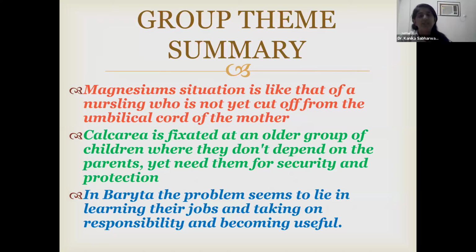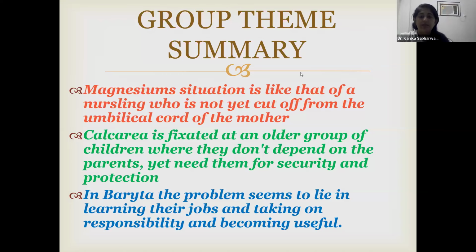They are independent in a sense, but the need for security and protection continues. And in baryta, the problem lies with performance: learning their tasks, what is their responsibility, what is their job, and becoming useful in life. Now, these are just words that you don't have to take at face value. There's a lot of deeper meaning, which we will talk about.